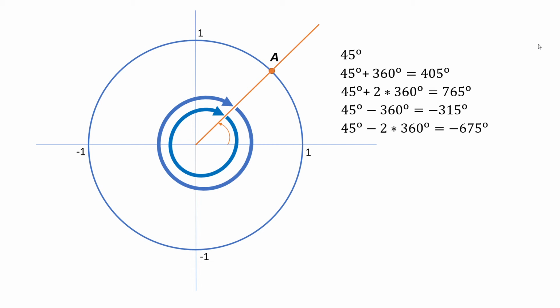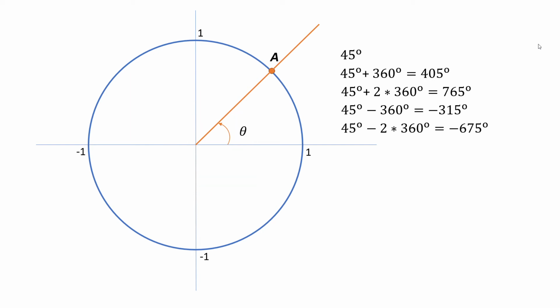So now let's make it a more general statement. Let's assume you have angle theta, not necessarily 45. Theta definitely could be 45, it could be anything else. And what we talked about before, we said that if I take angle theta and add or subtract 360 degrees several times, I'm still going to get to the same point A as I had originally.